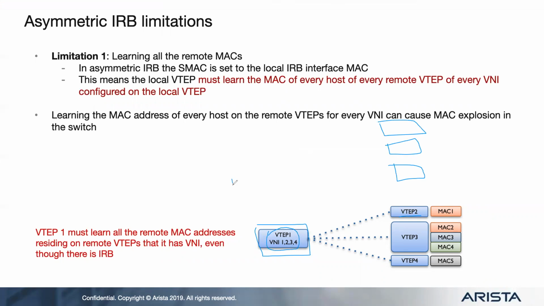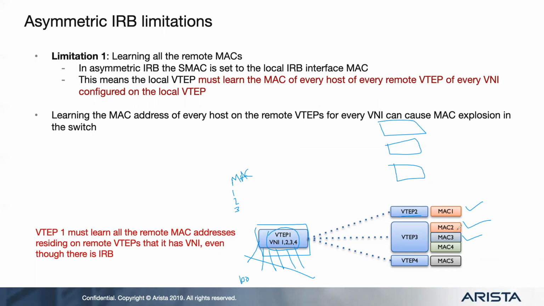If you look at the MAC address table of this VTAP, it has obviously learned the MAC addresses of all the local hosts, 1, 2, 3. But if you observe, you will also learn the MAC addresses of hosts behind other VTAPs. Because, let's say this is VLAN 100.